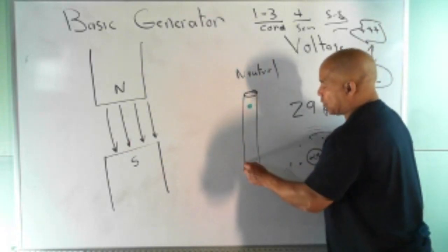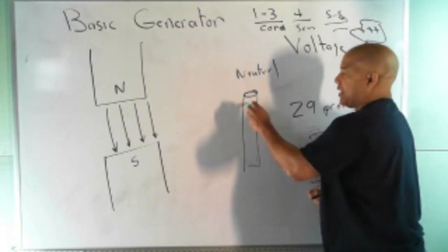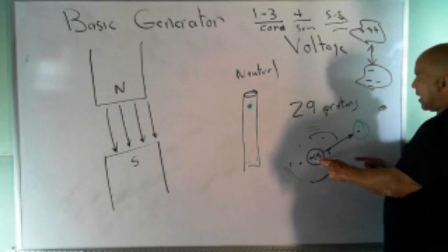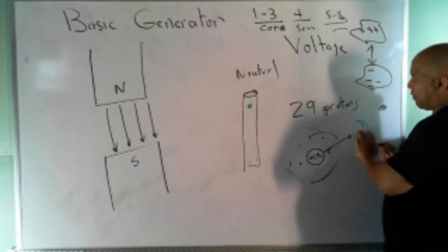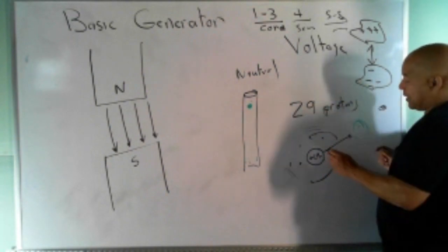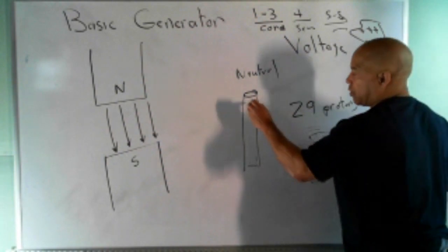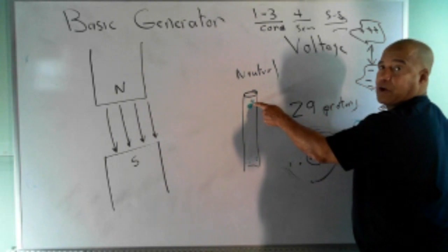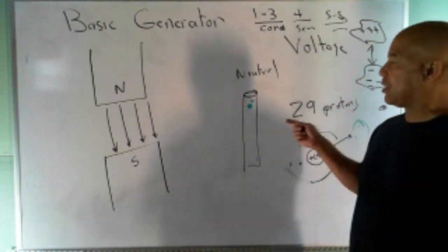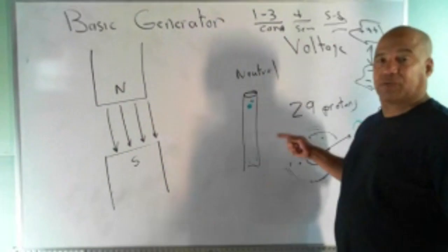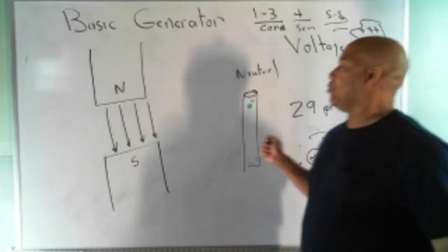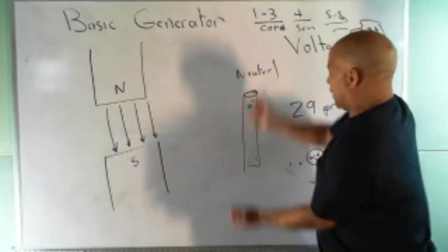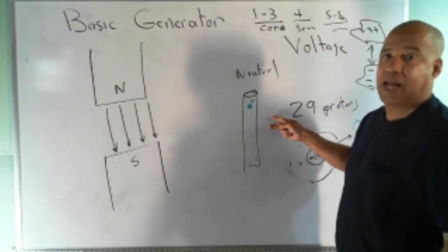If the electrons are pushed down to this end, then what's left, if I have 29 protons and 29 electrons, if I remove this and put them at the other end of the wire, now I have a plus charge up there. The absence of an electron leaves behind a plus charge. And so just for a minute, as long as that's moving in there, I have a separation of charge. The minute I get outside of that magnetic field, they're going to go back together, and this will be neutral again. I won't have a separation of charge.